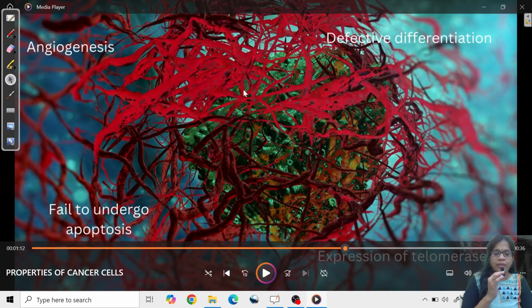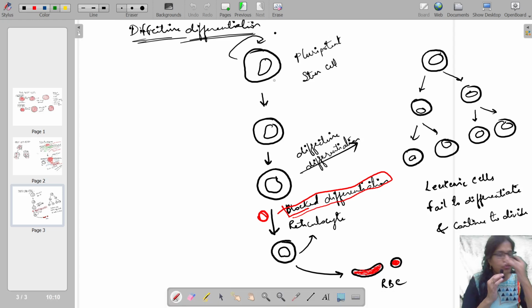And the fourth important thing is, let me complete this, then I will talk about defective differentiation. Yes, I told you these are the pluripotent stem cells. This is the normal condition that normally happens in our bodies. This is a normal cell division where the pluripotent stem cells undergo differentiation, finally forming RBC.